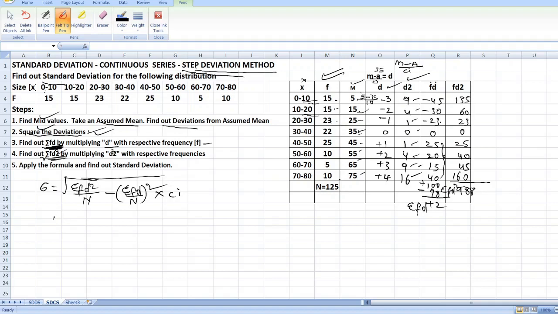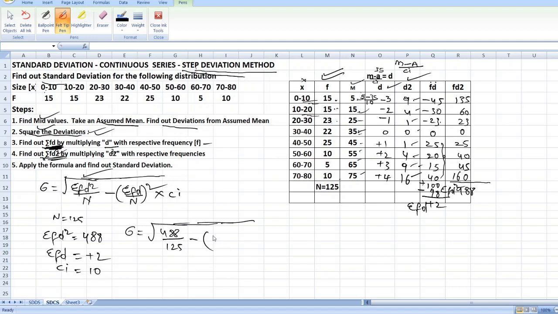N is equal to 125, summation fd square is equal to 488, summation fd is equal to plus 2, and class interval difference is equal to 10. Now we are going to apply the formula. Standard deviation is equal to square root of 488 divided by 125 minus, in brackets, plus 2 divided by 125 whole square.